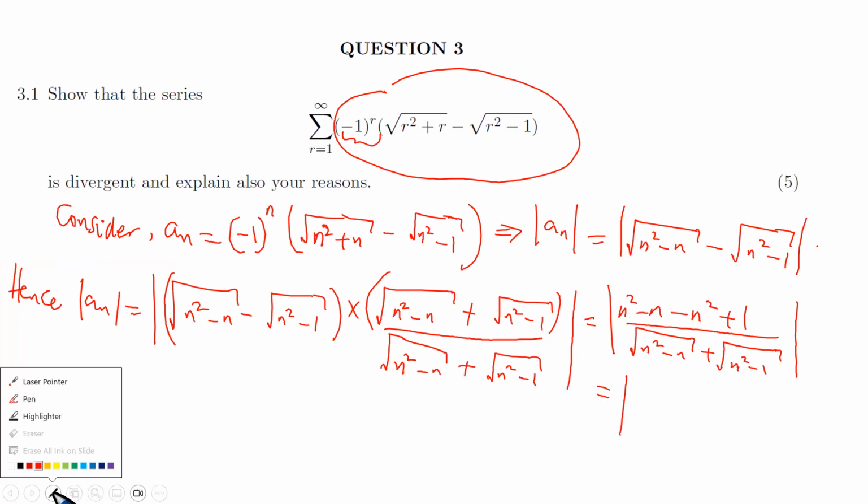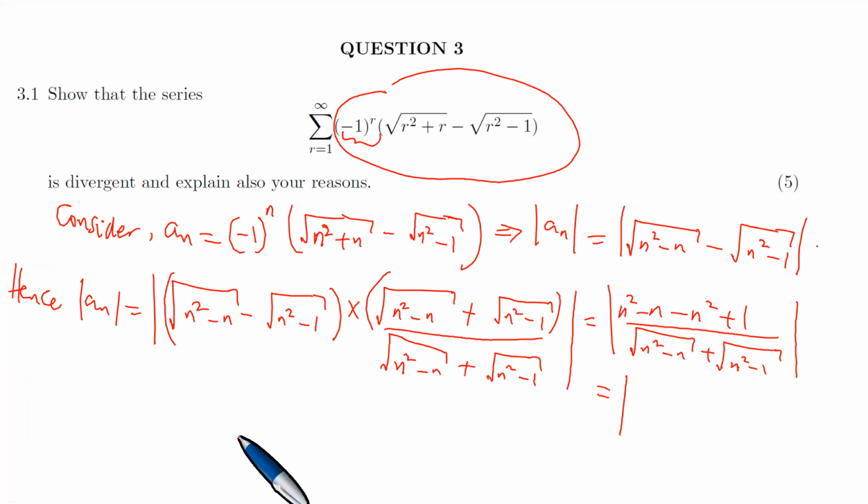If we have this, we just need to make sure that our algebra does not have any algebraic errors in the way we manipulate the terms. In the numerator, for example, we shall have 1 minus n, to divide everything by the square root of n squared minus n plus the square root of n squared minus 1, like this.